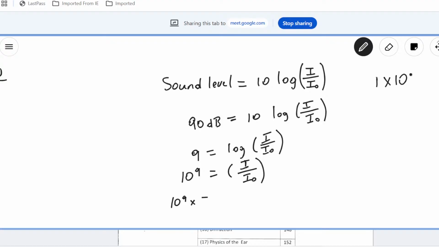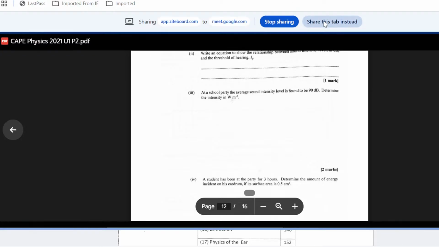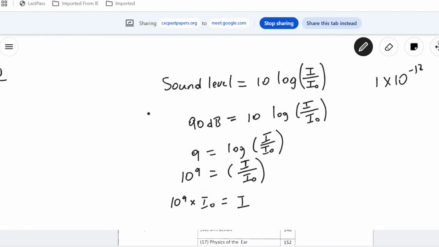Oh, so I is equal to 1 times 10 to the negative 3. Yeah. So 1 times 10 to the negative 3.